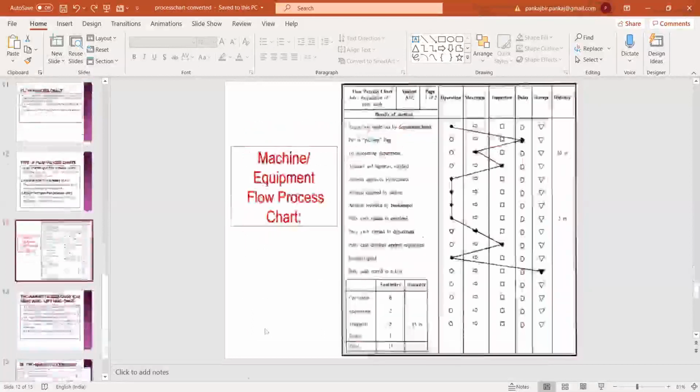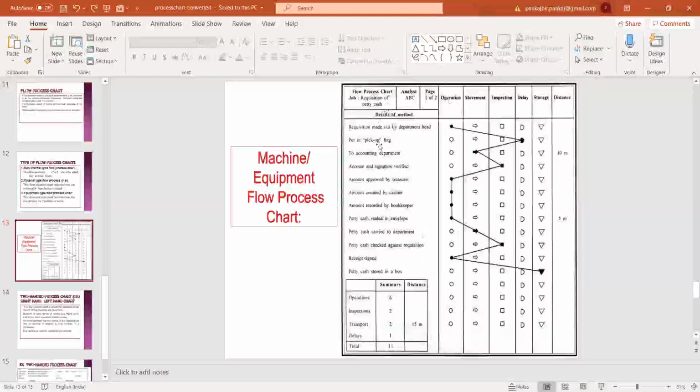Here is the proforma of the flow process chart. See, here all the operations, details of operations are listed down, and different operations are in different columns, and whatever operation is being performed at a time, there is a line which is connecting all the operations and all the activities with various symbols.